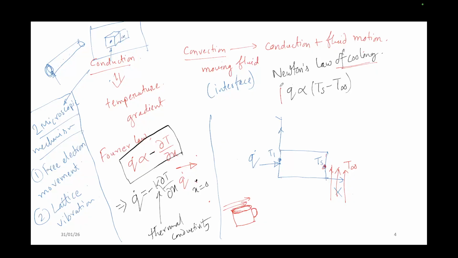That's why this is Newton's law of cooling. It is proportional, so if I replace this proportionality, I have to put a constant. I replace this constant with h, where h is the heat transfer coefficient.